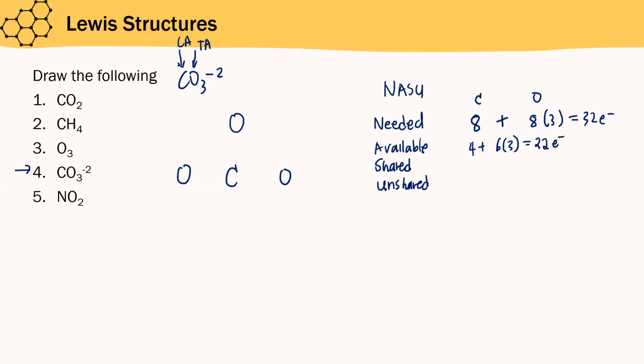Let's recall everything. Di ba before sinabi ko sa inyo, if an atom is positively charged, meaning, sobra or kulang ng electron? Di ba kulang? Kapag positively charged, kulang ng electron.